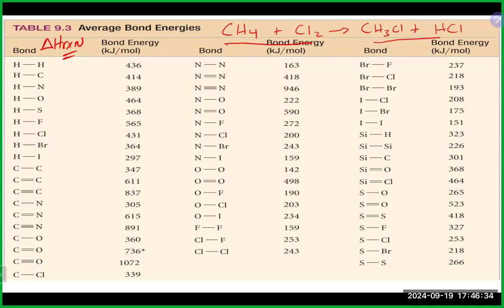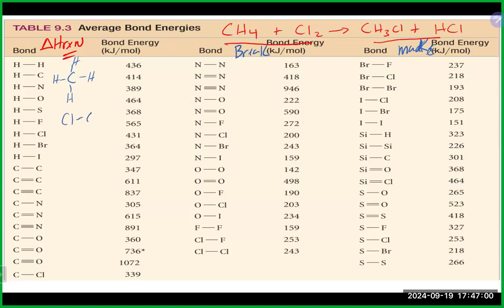Okay, so let's take a look. So remember on our reactant side here, we're pretty much going to break all these bonds. And again, on our product side there, we're going to make all these bonds over here. And again, if you're not sure what things look like, you may just want to quickly sketch some Lewis structures here. And obviously this is CH4.